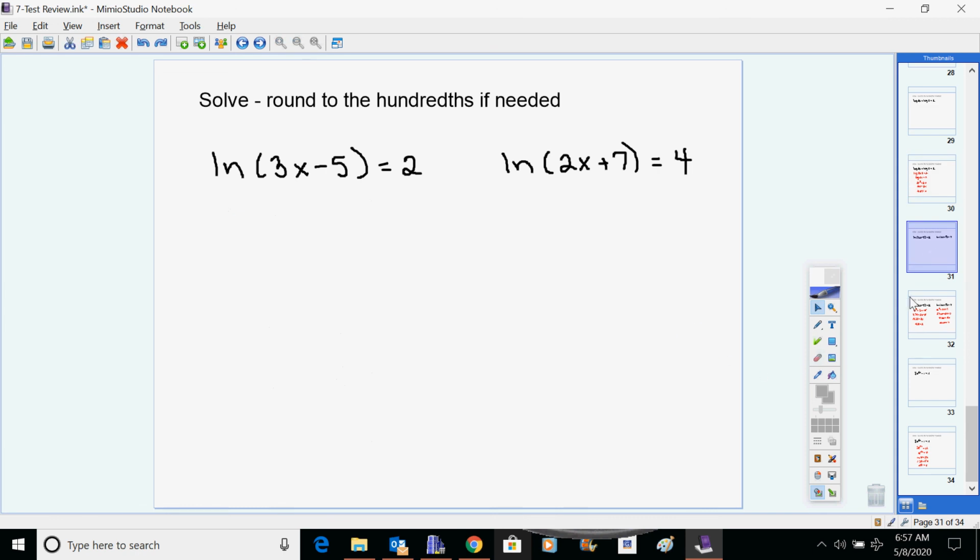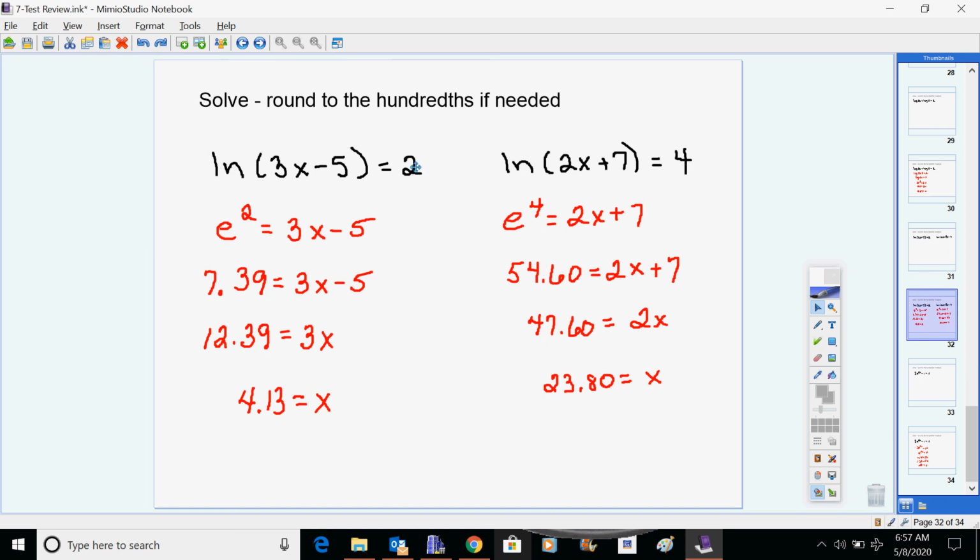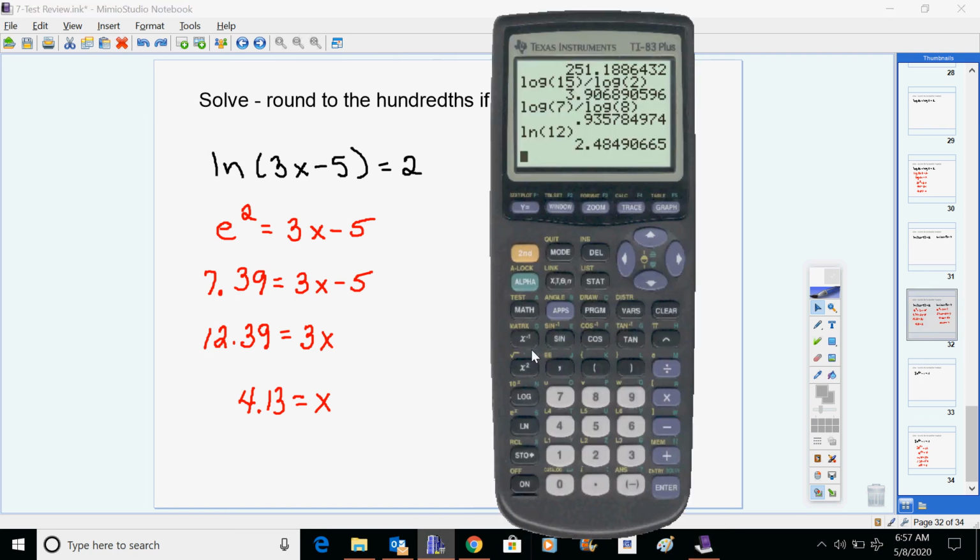If you're having natural logs, you can use e to the second power equals this number, e to the fourth power equals this. Okay, e to the second, e to the fourth, and then you can use your e to a power button on here.